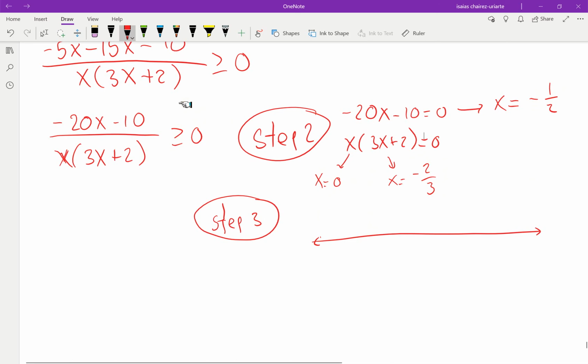So I'm going to make a little open circle here, if my computer wants me to. Come on, I want to erase.